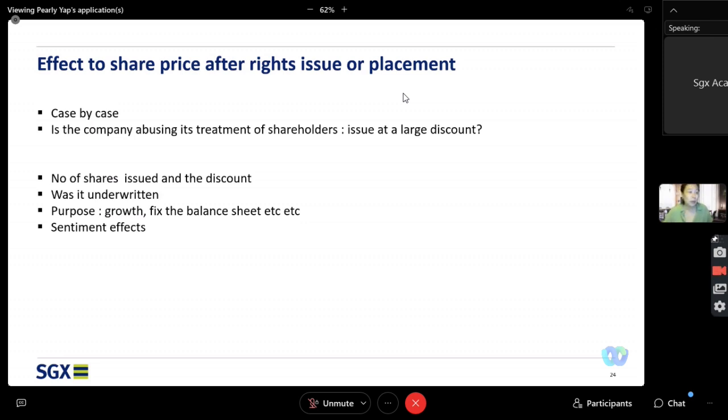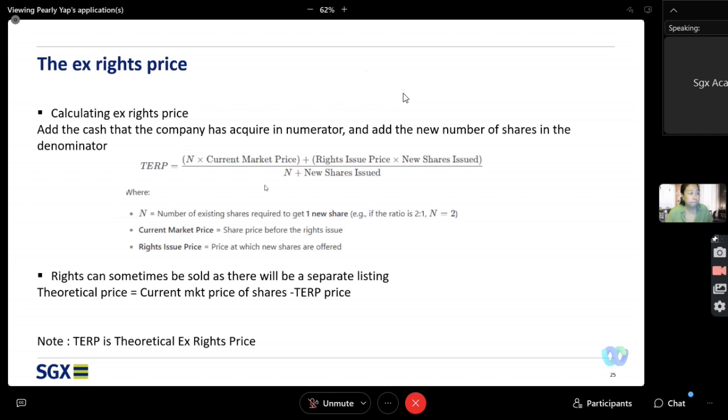Okay. So this one is a bit more technical. I would say that if you want, you can snap this picture and think about it, but I'll just explain it very quickly, right? We call it the theoretical X rights price, TERP. Now, the company, when they announce a rights issue, will have a cum rights price.